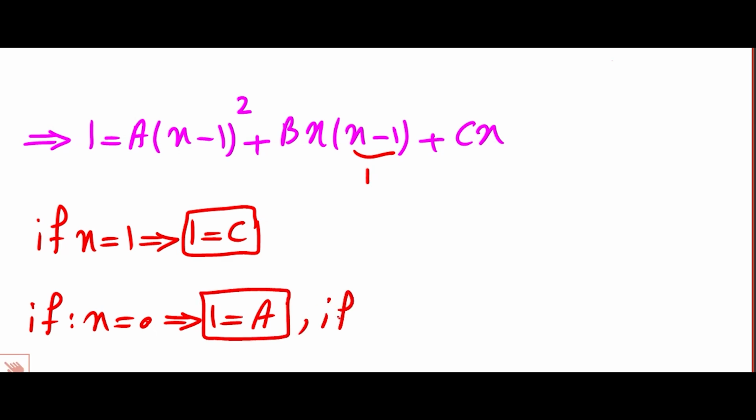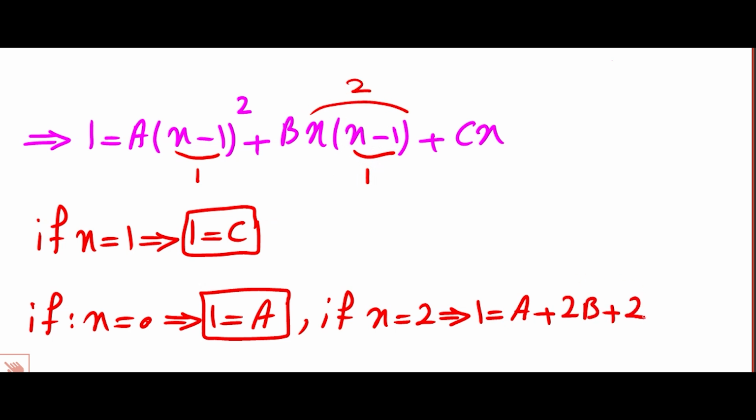And if, for example, x equals 2, so we have 1 equals a times 2 minus 1 is 1. So a plus 2 minus 1 is 1 times 2 is 2. So here is 2 times b, 2b plus 2c.